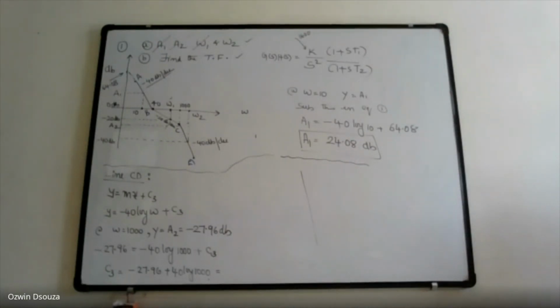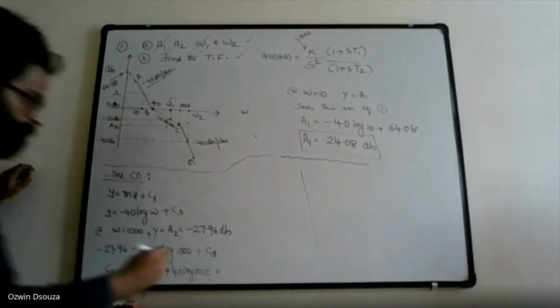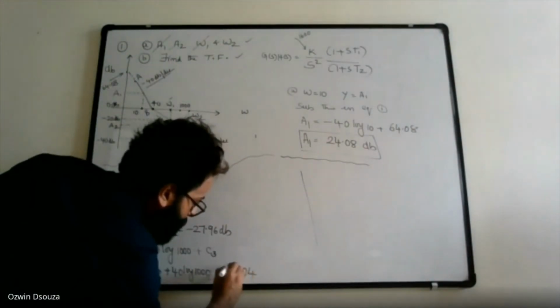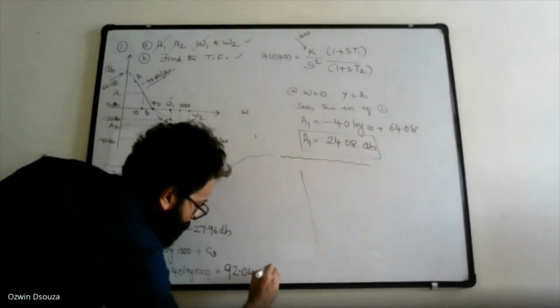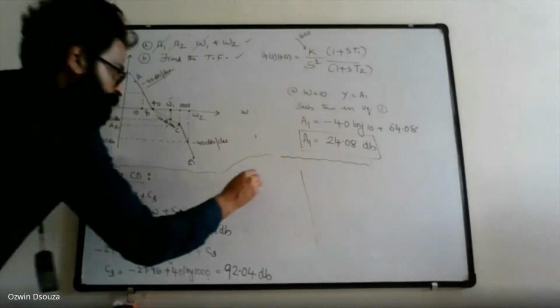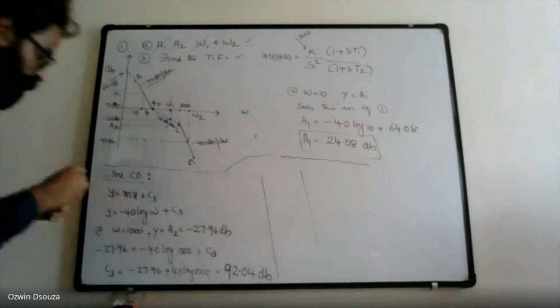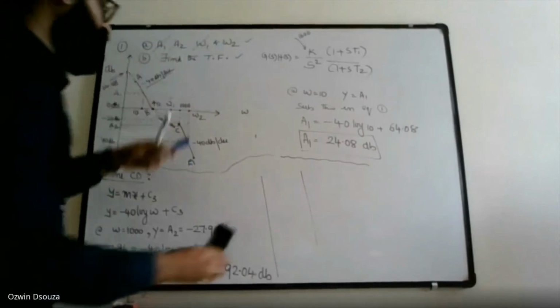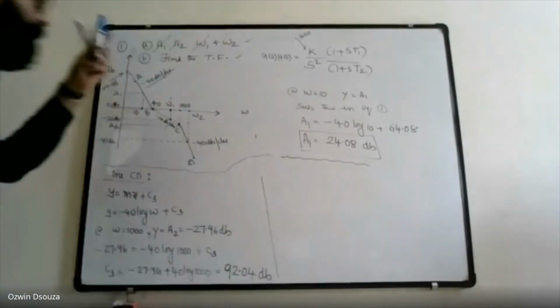So you will get C3 as 92.04. So that is your C3 value. Once C3 is determined, you can find out the last unknown, omega 2.